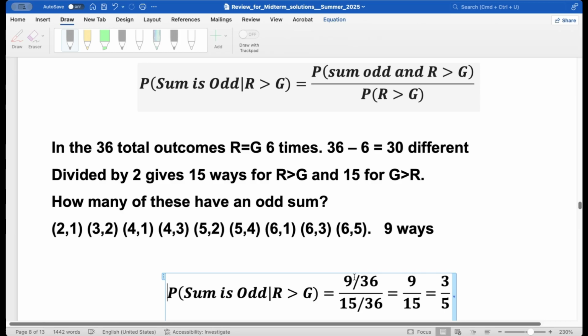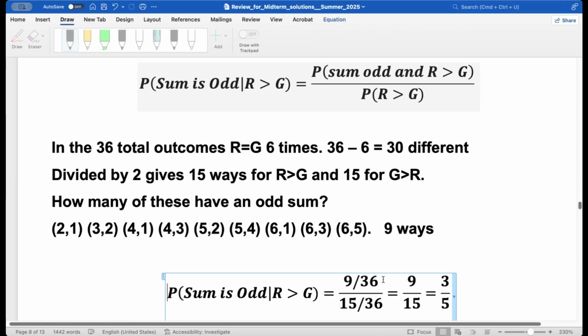So the probability that red is bigger than green is 15 out of 36. The probability that we have an odd sum and red bigger than green is 9 over 36. The 36's cancel out. It's 9 over 15, which is 3/5.